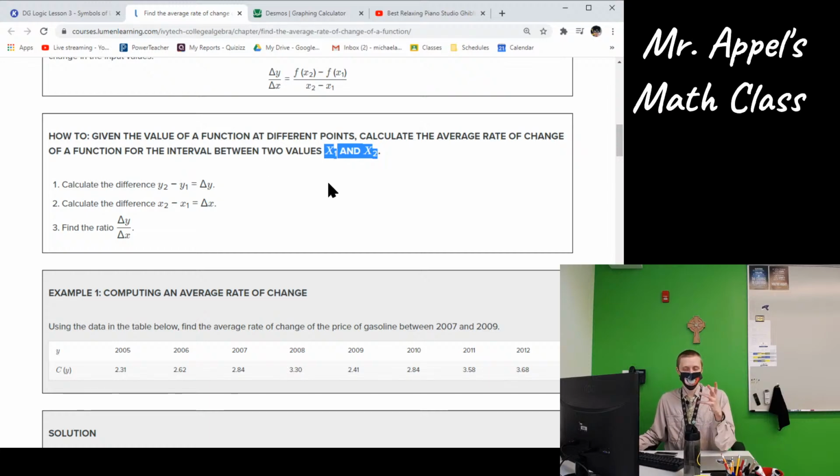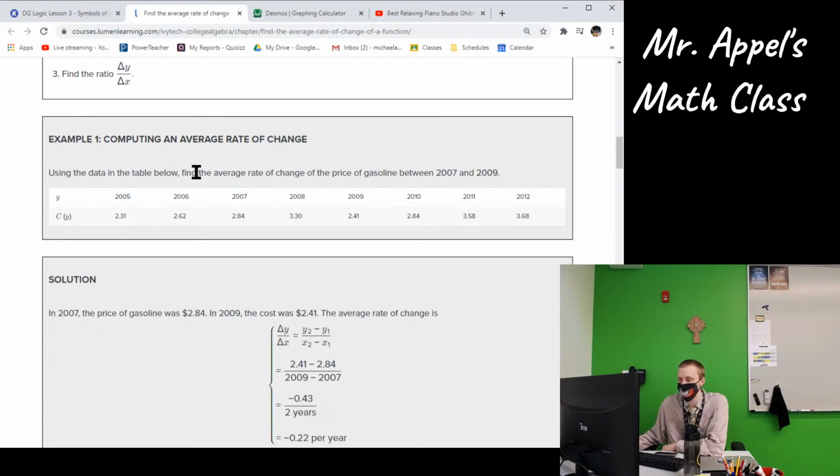You'll be given some interval. Find the rate of change between x1 and x2. Well, you're going to need the difference between those two. That's easy. Subtract that. Done. And then if you don't have it already, determine what the function value is at x2 and x1. And then subtract those. And then divide. 3-step process.